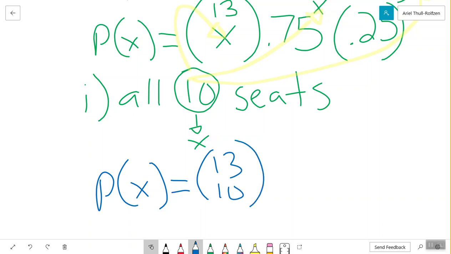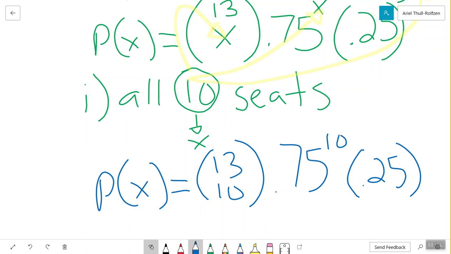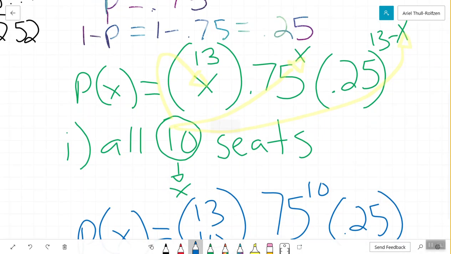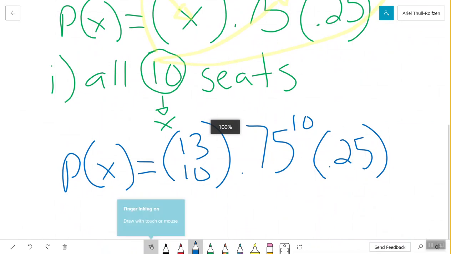And what I'm doing here is I'm putting 10 wherever X is in the equation. 0.75 to the power of 10 times 0.25. And this one was a little bit funny. It's to the power of 13 minus X. So we're going to say, what's 13 minus 10? Because 10 is our X. And it's going to be 3.